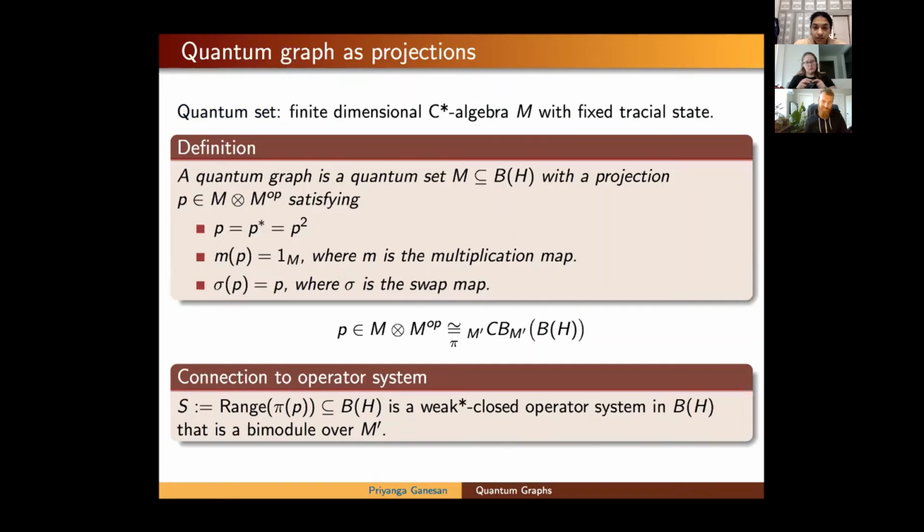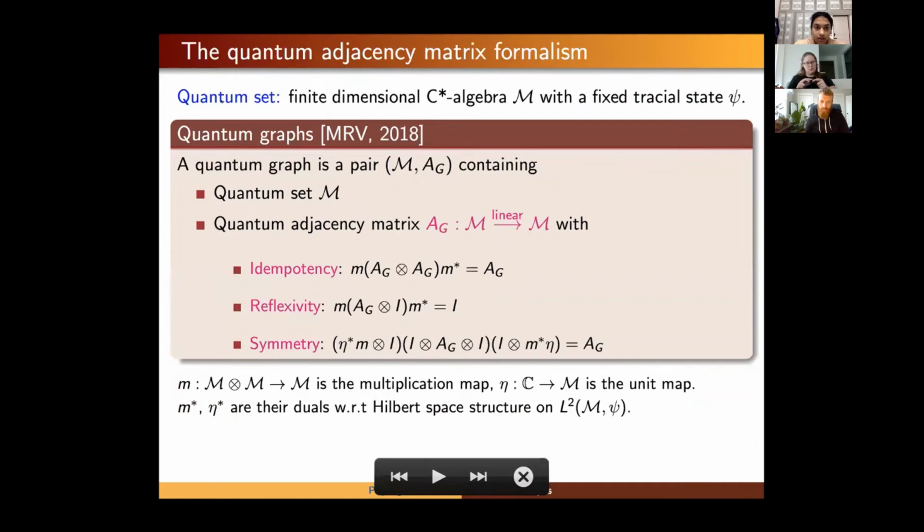So far we have seen how to view quantum graphs as operator systems or projections. Another useful way of looking at quantum graphs is using the adjacency matrix. This idea of a quantum graph was proposed by Musto, Reutter and Verdon. In this case, you think of a quantum set as a finite-dimensional C-star algebra that also has the structure of a Hilbert space. In order to induce this Hilbert space structure, it's enough to fix a faithful tracial state on this algebra and then look at the GNS Hilbert space associated to it.